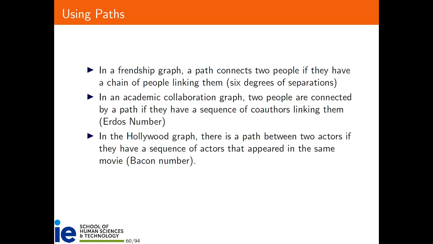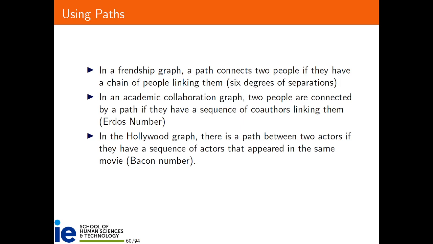Something that has become very famous in culture is the idea of 6 degrees of separation, that basically tells us that we are almost connected to anyone else on Earth by a chain of 6 people, which means that there is a path of length 6 connecting us to any other person in a friendship graph of the whole Earth population.